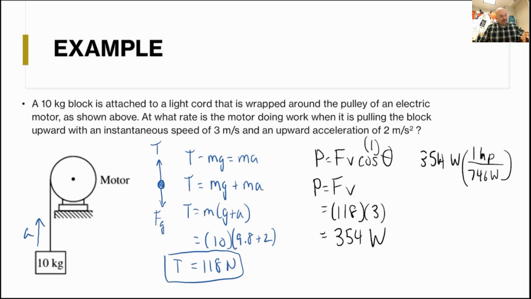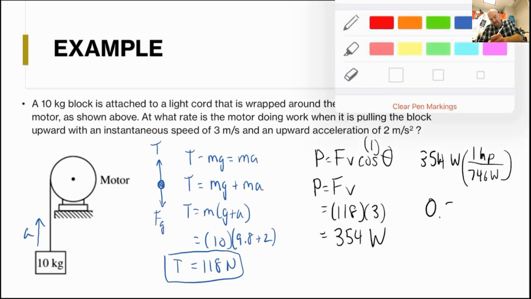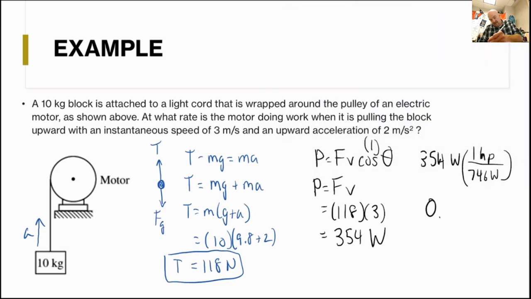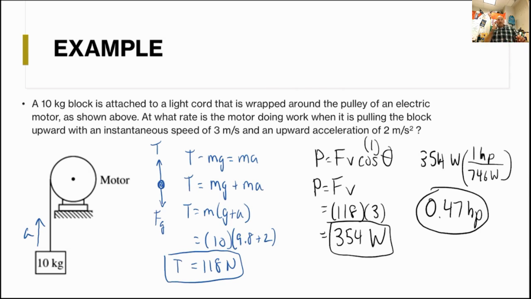So you just simply divide 354 by 746, and you get that this is a 0.47 horsepower motor. This is what they would look for here in science, but if you want to relate it back to just here in America, the ratings of our motors are in horsepower.